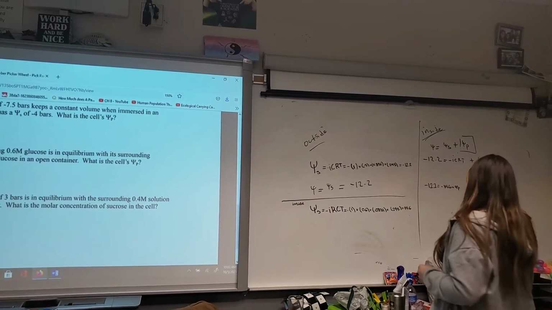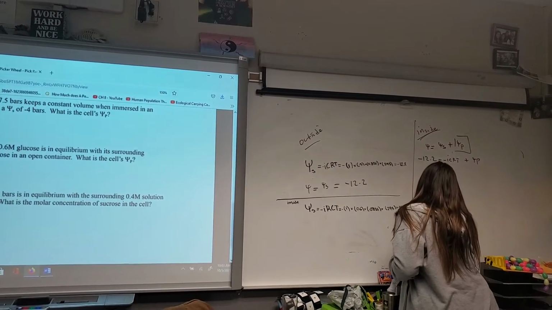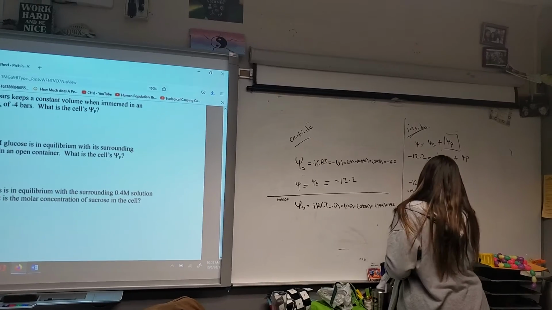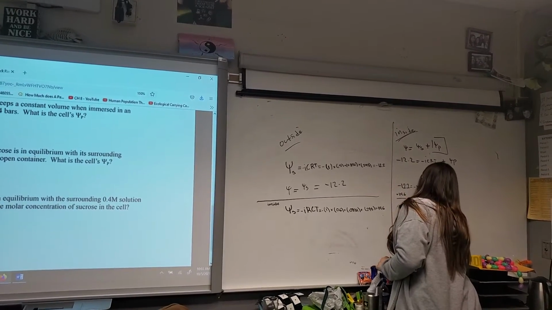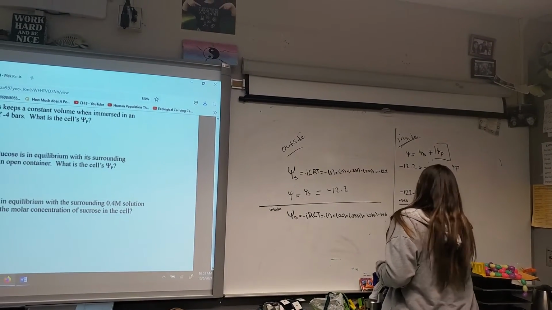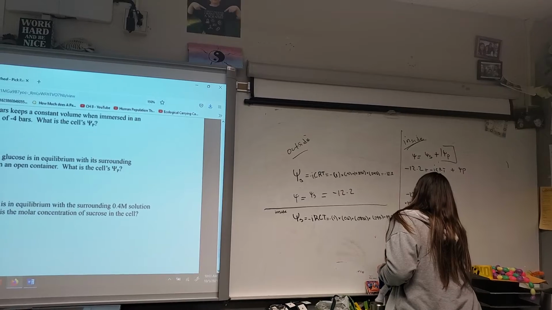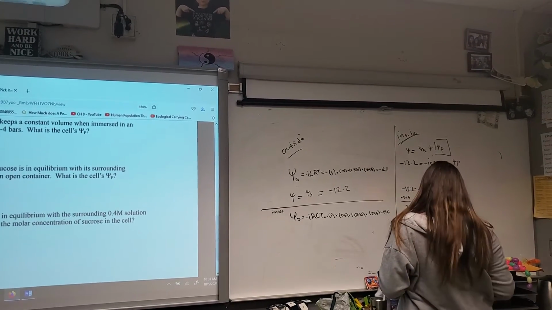So negative 12.2, it freely moves wherever it wants. You know how to do it from this point? Exactly. So that's going to be 2.4 equals psi p. So that's our answer.